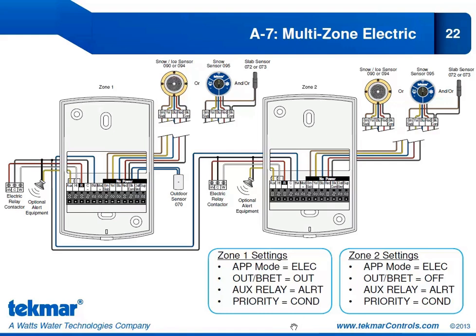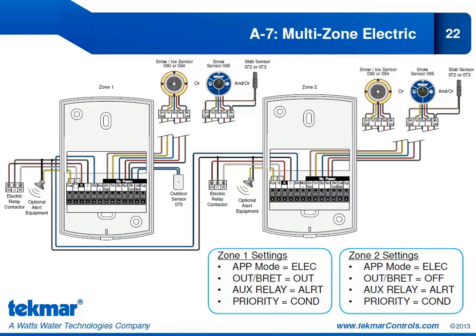Now we will get into greater detail on the priority settings later in this presentation. For now, I'll just summarize how the conditional priority works for electric applications. In this case, what we do is make sure only one of those heat relays is closed at any given time. So Zone 1 has priority.